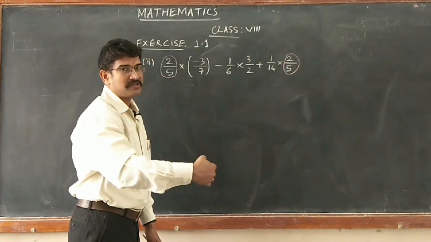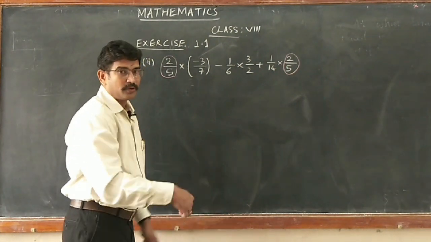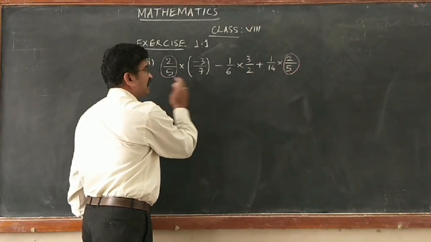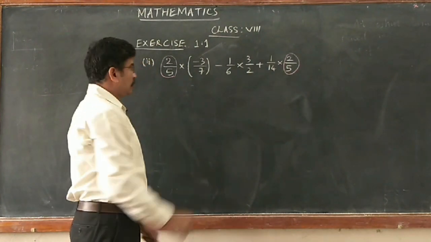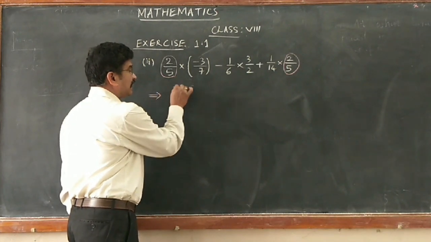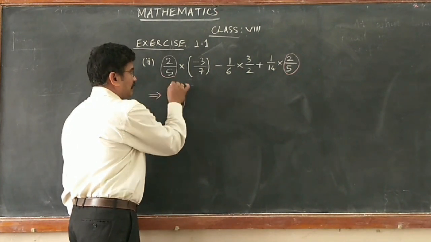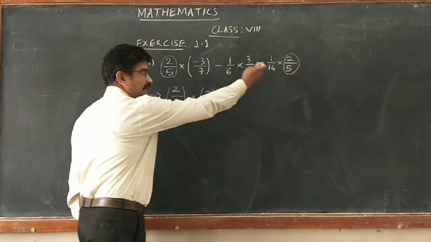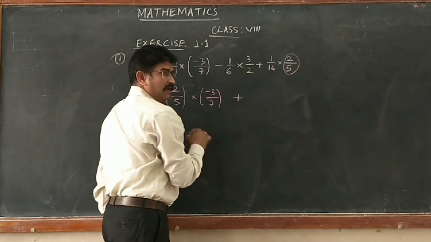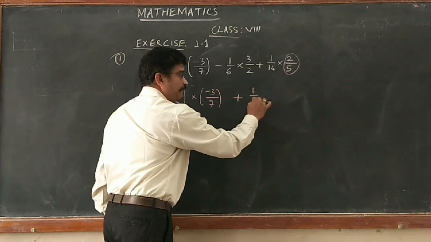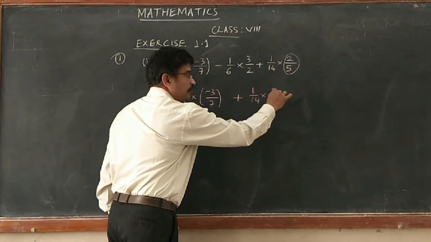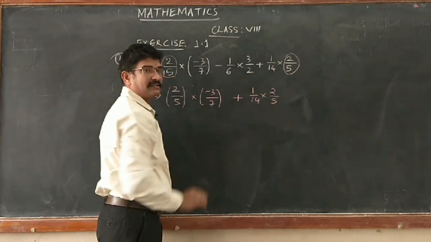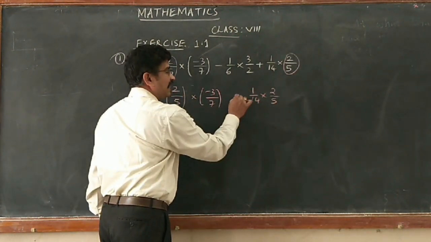If I want to use the distributive property, prior to that this can be brought beside this product. So that is our immediate step. We bring that 1 by 14 into 2 by 5 beside this product along with the sign.